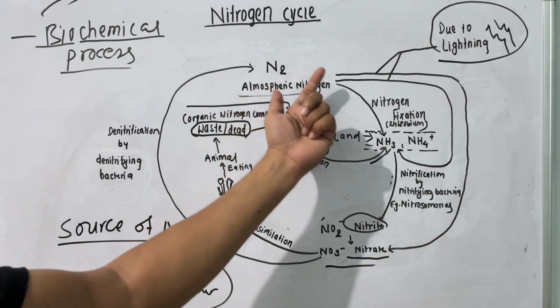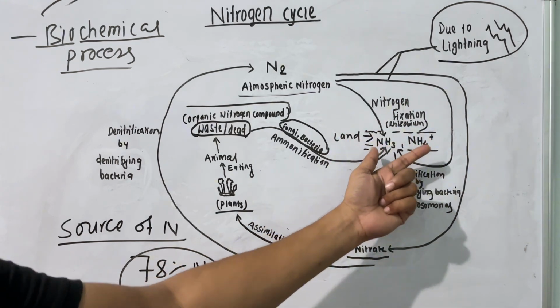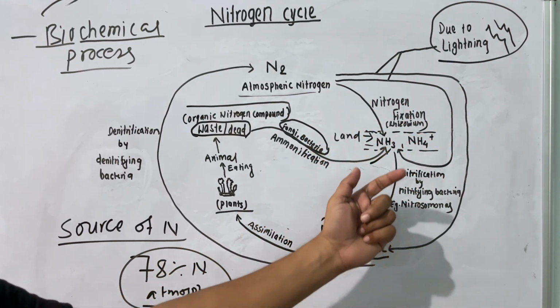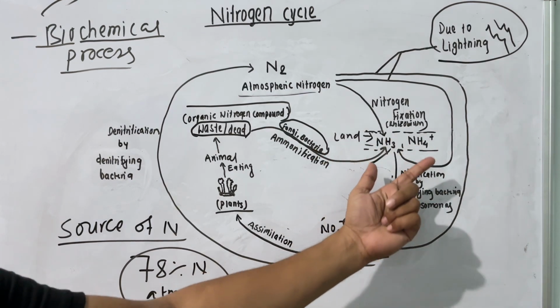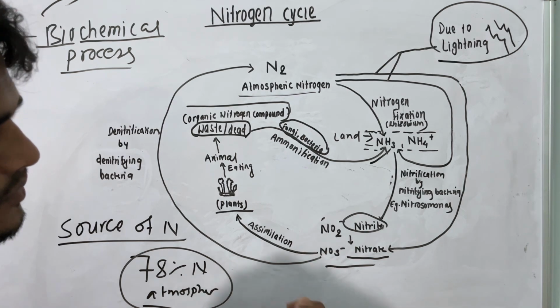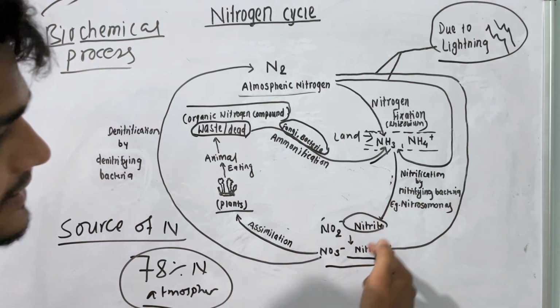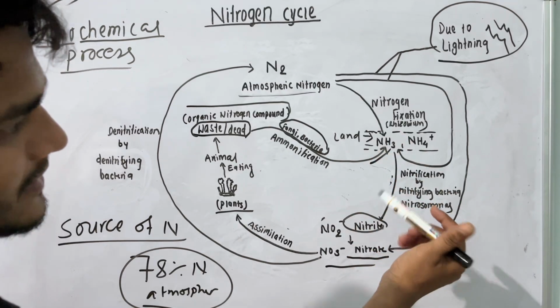Now when the atmospheric nitrogen is fixed into the soil by nitrogen fixing bacteria, this compound, ammonia or ammonium ion, will be converted into nitrite, that is NO2, firstly, and then into nitrate, and this process is known as nitrification.